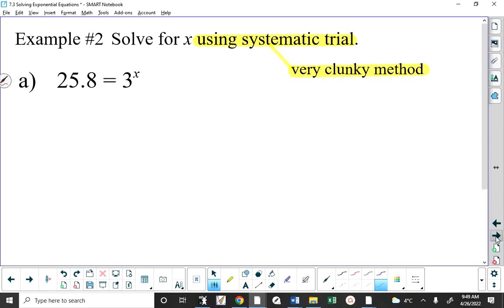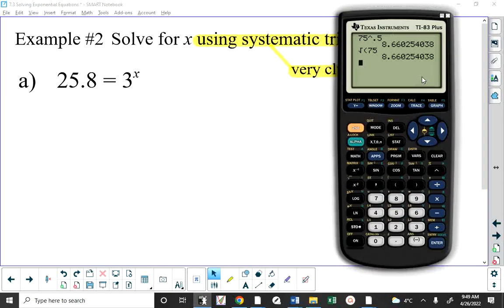What you do here, and I'm not going to show any work, is you take a guess. Well, I know 3 squared is 9, right? And 3 cubed is 3 times 3 times 3, which is 27.